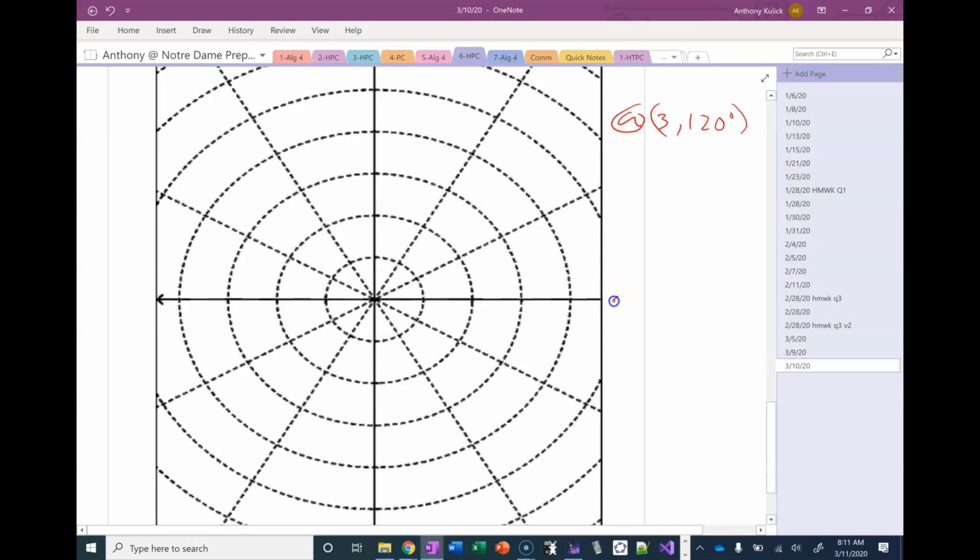If I count along the wedges, I have 0 degrees, 30 degrees, 60, 90, 120. So the line that I'm interested in, the terminal side for that 120 degree angle, is that right there. Everybody okay with that idea? Okay, so my point is going to lie on that highlighted yellow line somewhere.